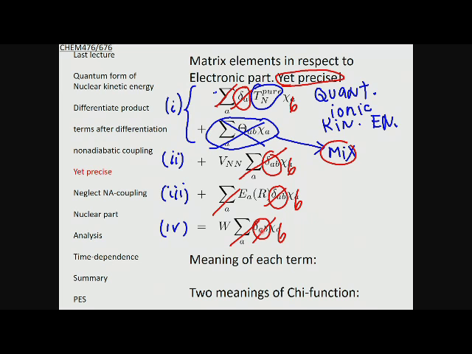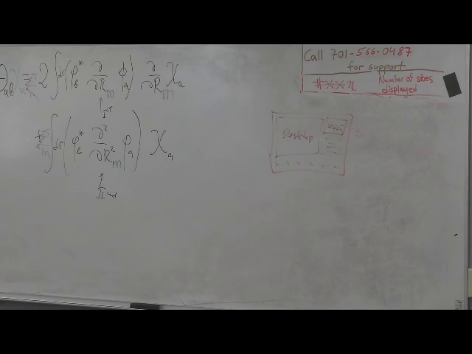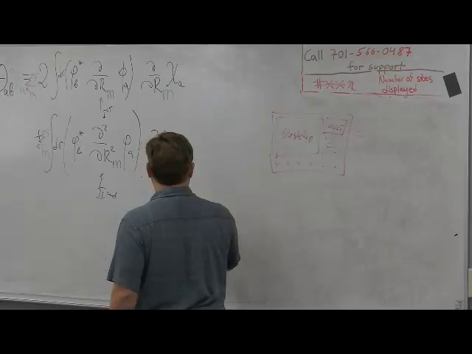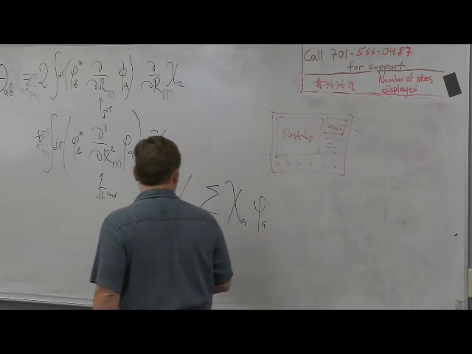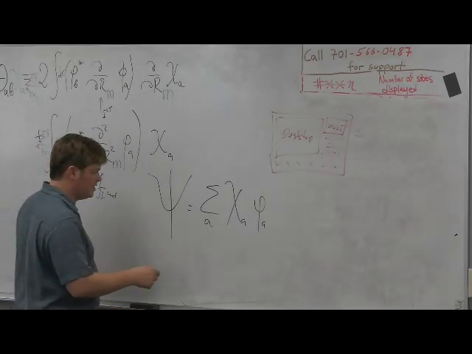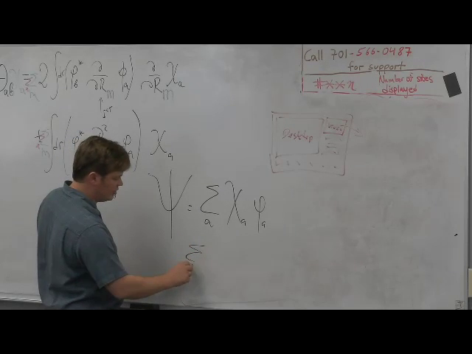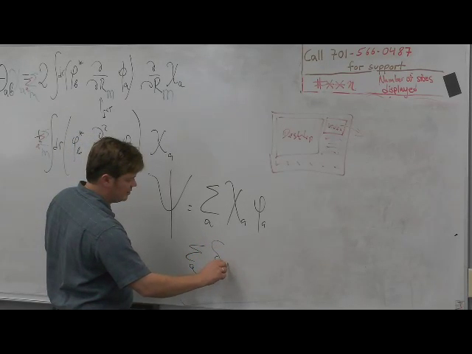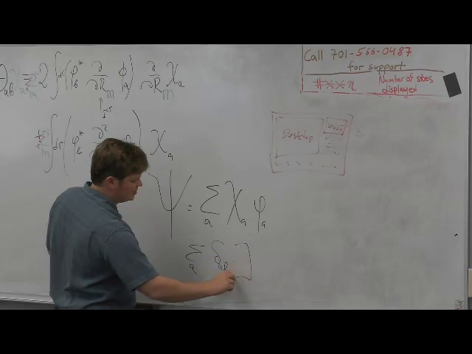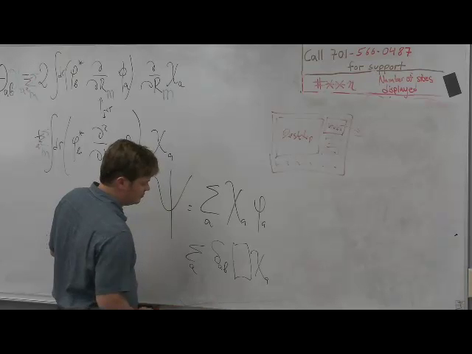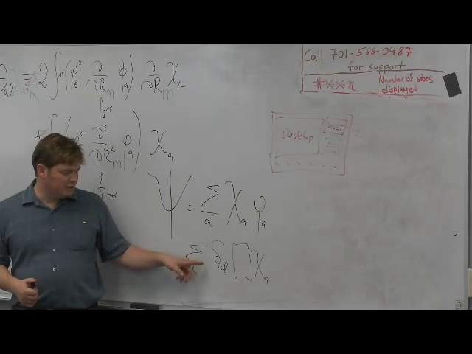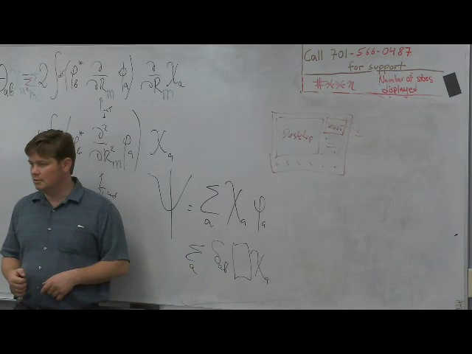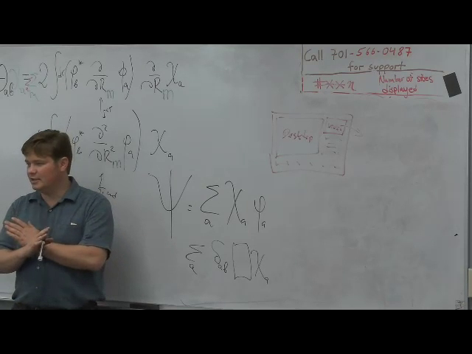Because our original wave function was presented as a sum, and now we do have expressions that look like summation over A, delta AB, something, chi A. When we do have summation and Kronecker delta, they symbolically cancel each other.